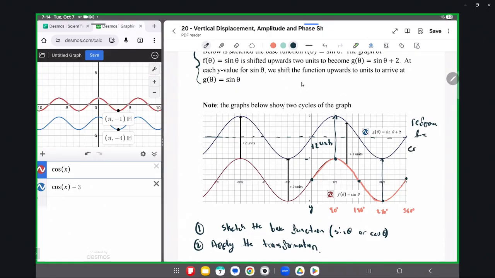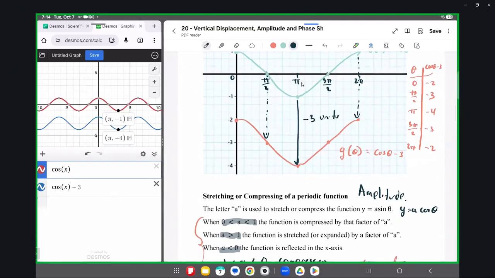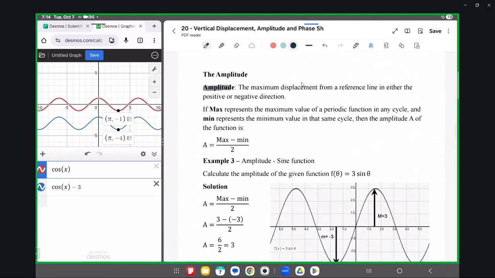This also has another name. It's called the equation of the axis. It's got a lot of different names, but they all mean the same thing. And it just refers to the middle point between the max and the min. And so the textbook uses the term max to represent the maximum value.